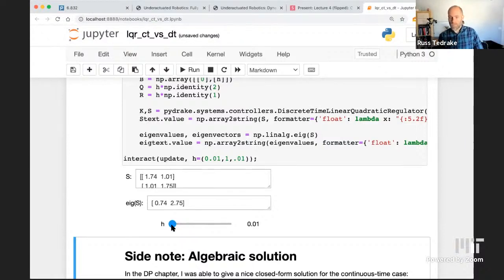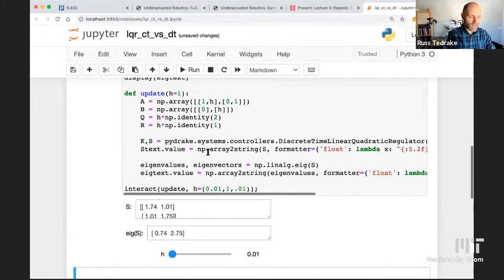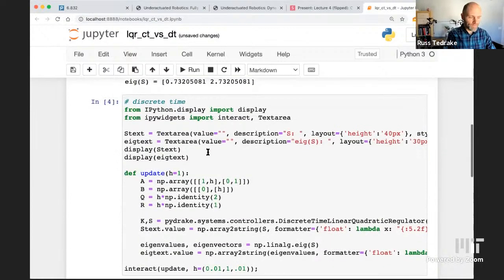If you actually ask the discrete time to do h equals 0, it'll complain. So this is stopping at 0.01, because in that case the discrete time formulation sort of goes singular. But the limit is correct.